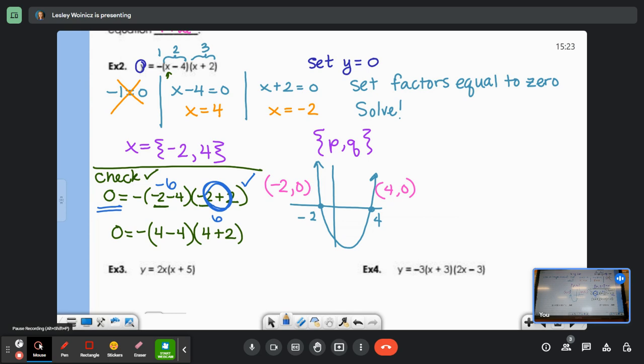What's 4 minus 4? 0. 0 times the rest of this stuff gives us 0. So it works. Those are the x values that make our y 0. Happy brains? Okay, cool.